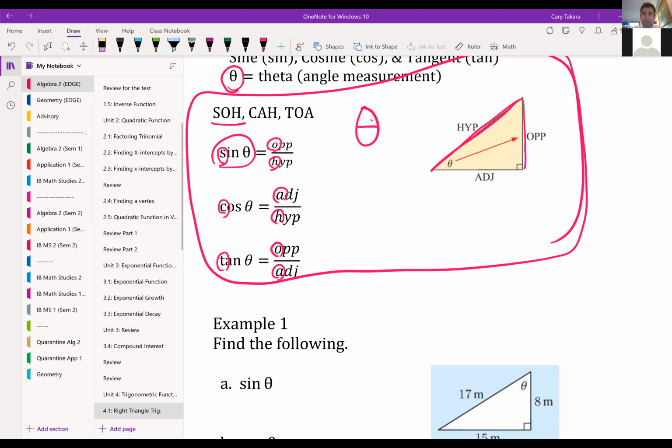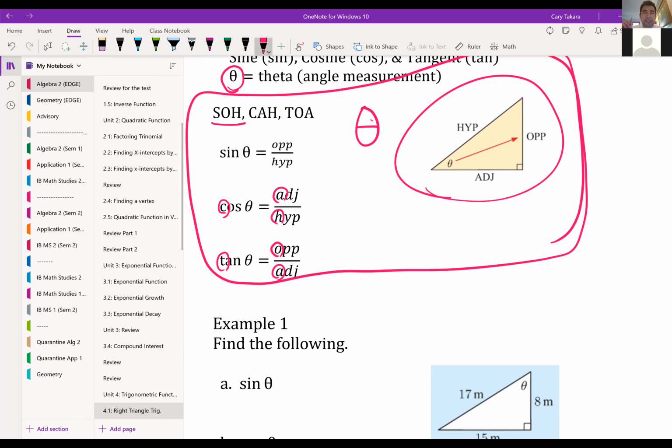Now the first step, I'm sorry, I'm going all over the place. Sine is opposite over hypotenuse, as you can see. But the first step is that you need to label the right triangle. In each problem, you will always have the focus angle. In this case, let's say this right here, theta.